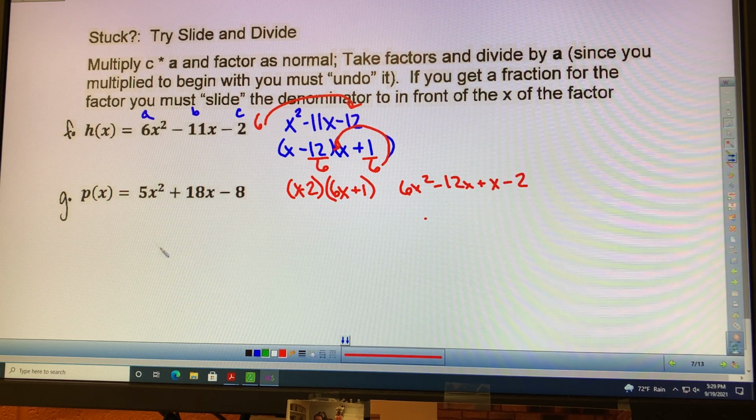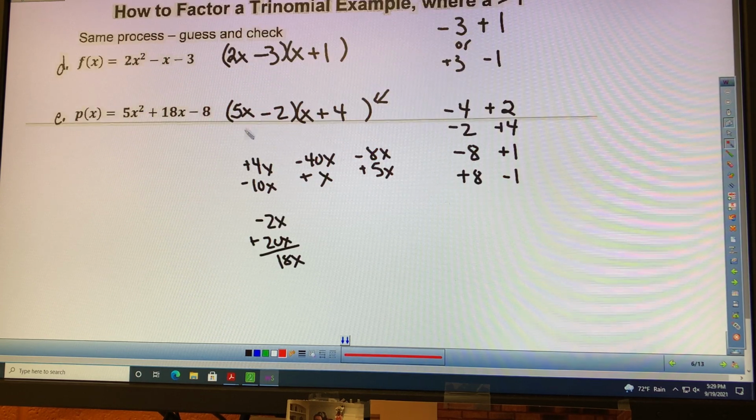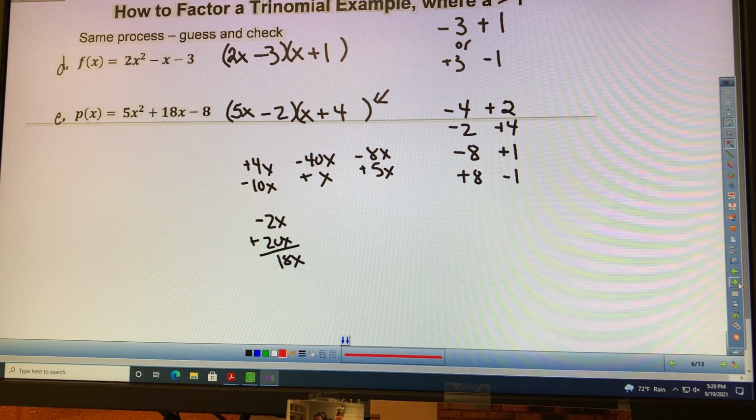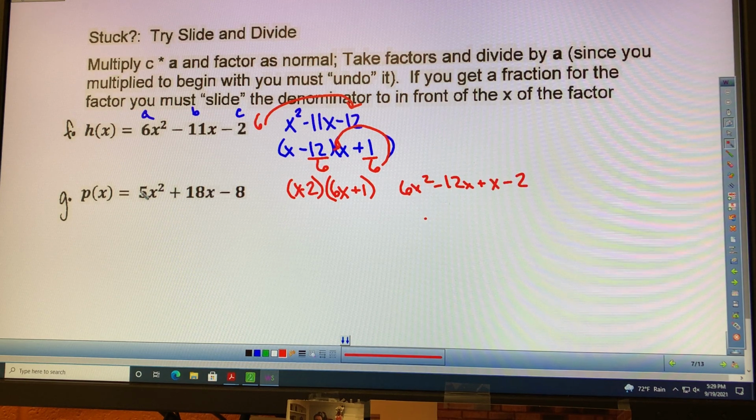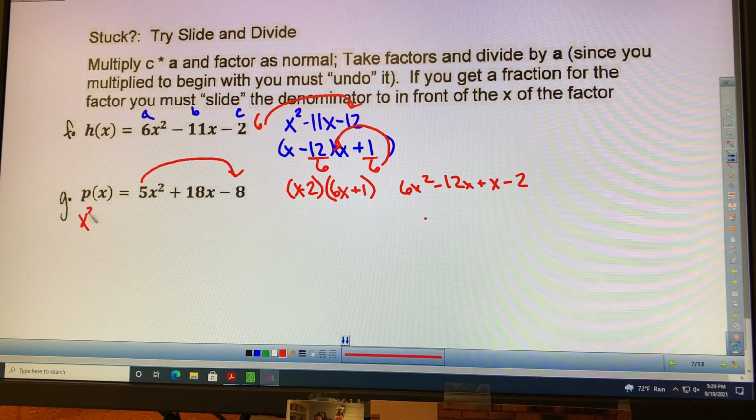Look at G. That is exactly the problem that we kind of struggled with a little bit over here in E. So let's do this the slide and divide method. We're going to take 5 and multiply it by 8. So I'll have x squared plus 18x minus 40. Now we need to factor this.